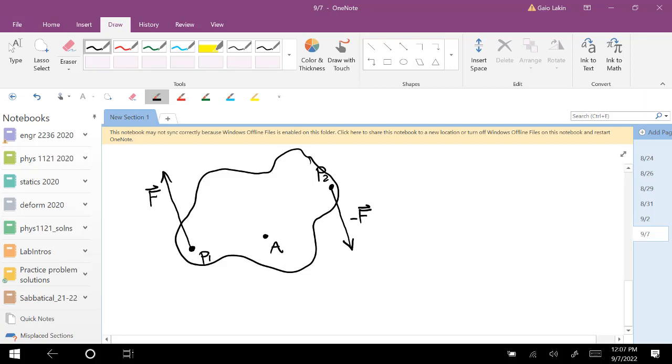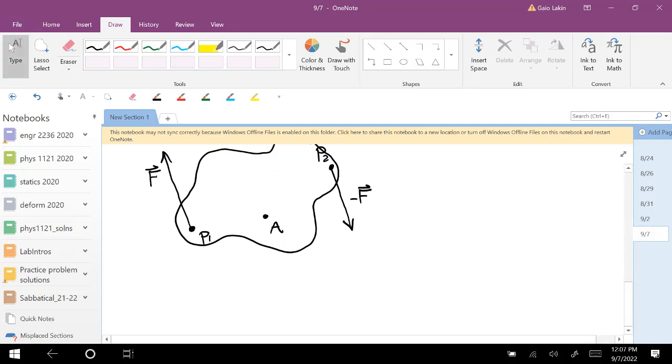But by the time we're done simplifying it, A is going to disappear. It doesn't matter. Okay. So let me say the coordinates of A will disappear from the expression of the total moment.